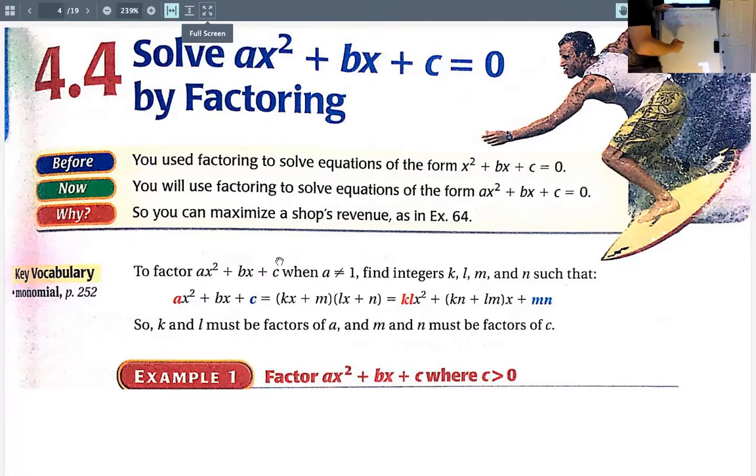And then they expand that out. So if you multiply, what you see after the equal sign, after the factored form, is when it's expanded out, you get klx squared plus, and then they factor out the kn plus lm.